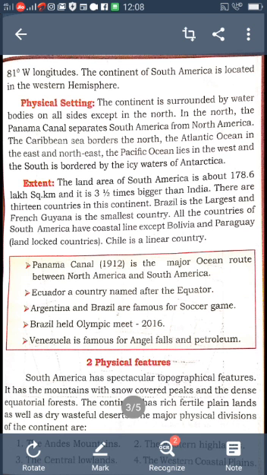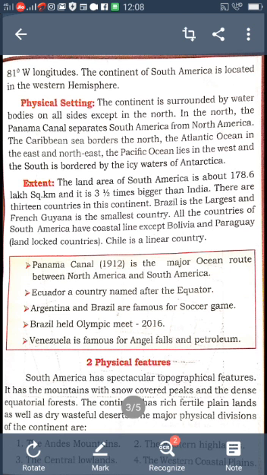Mount Aconcagua, 6,960 meters, on the Argentina-Chile border, is the highest peak in the mountain range. Other peaks are Mount Cotopaxi and Mount Chimborazo in Ecuador. The Andes are rich in minerals like copper and tin.